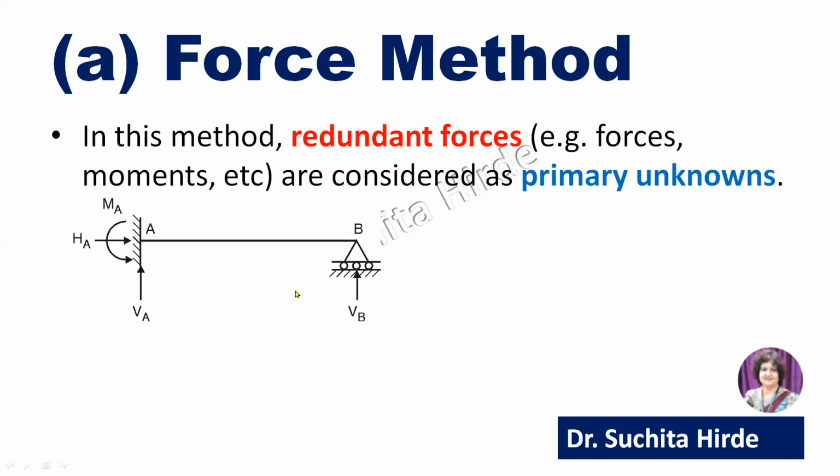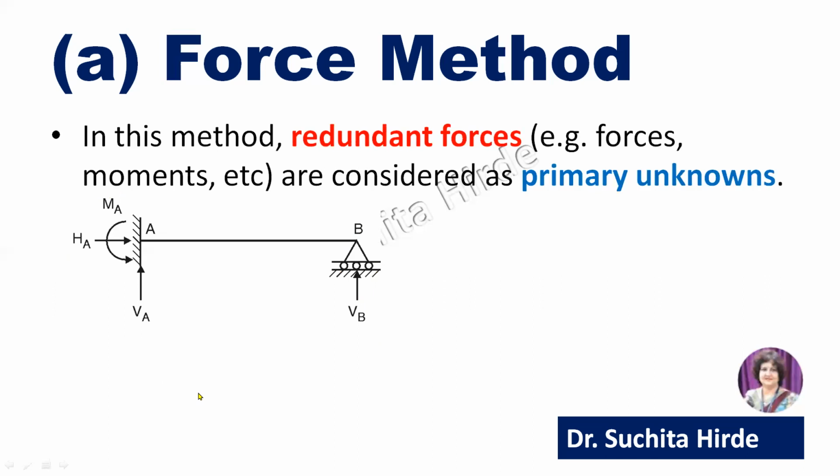So in force method, first we calculate how many redundant forces are there. For example, in this case, there is one redundant force. And this redundant force is taken as primary unknown. That means our aim is first to calculate that redundant force. Once you calculate that redundant force, then by applying equations of equilibrium, you can calculate the reactions at the other end.